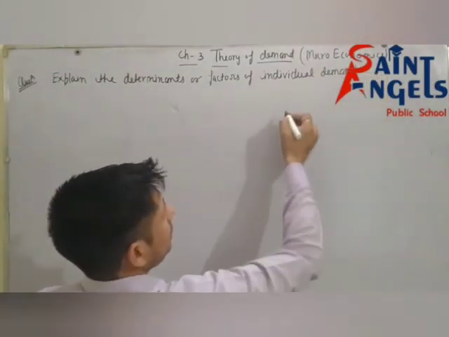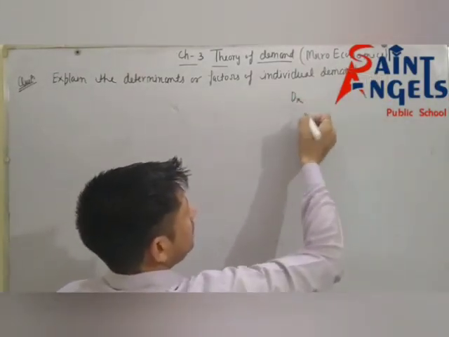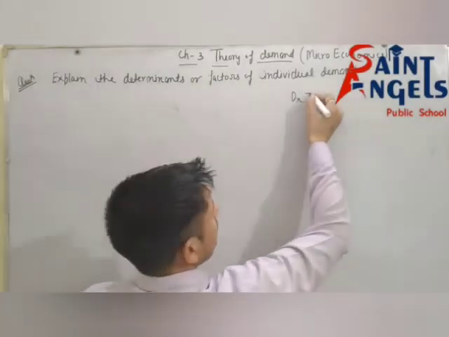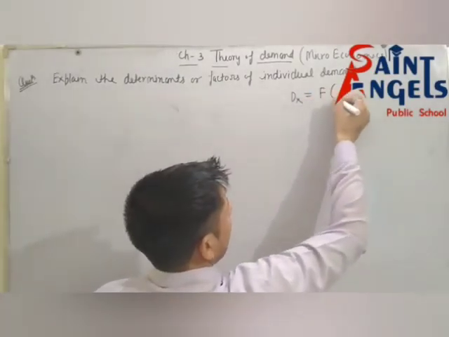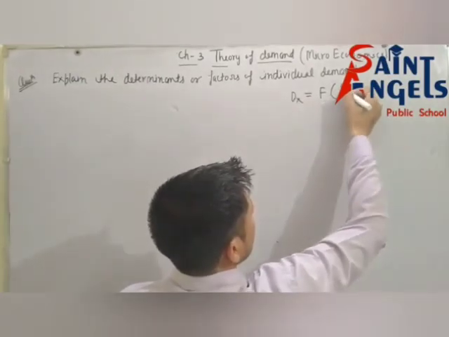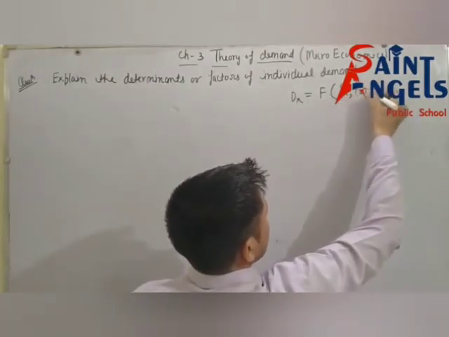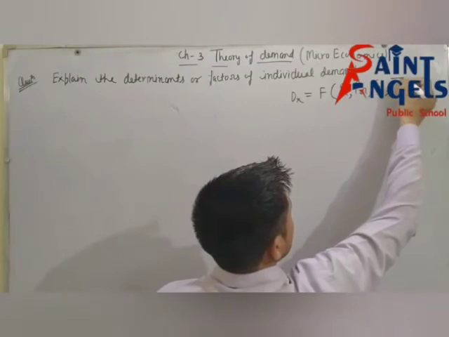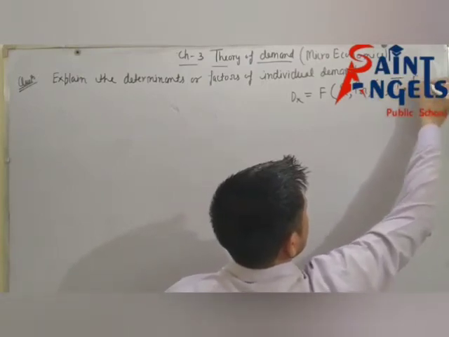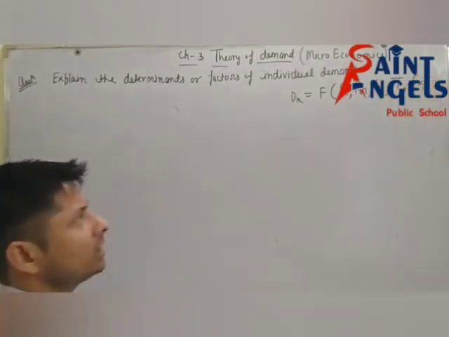As you know, the individual demand function is Dx is equal to f of Px, Pr, Cy, T, Ex. I hope it is clear.